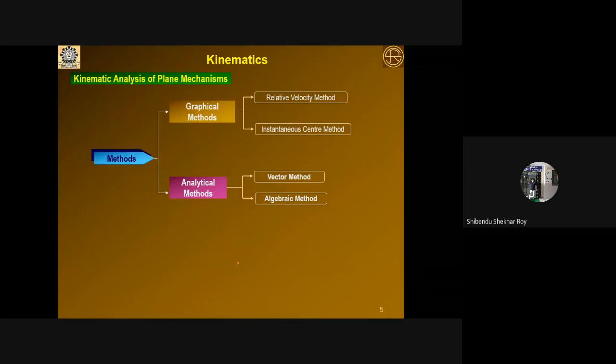There are many analytical methods proposed by different kinematicians over the last 200 years.